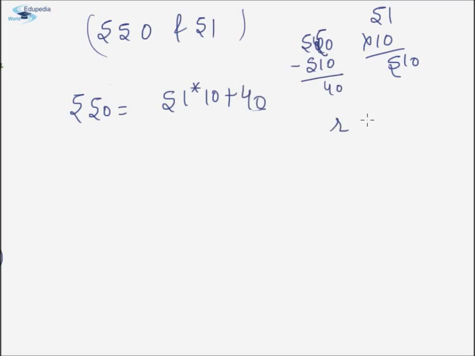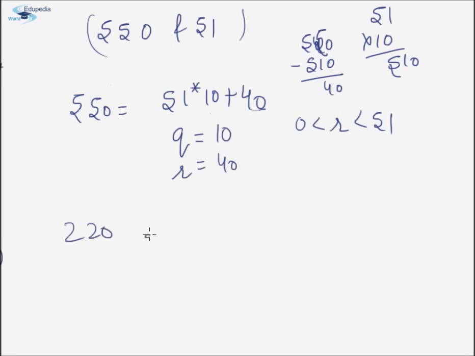Again, r is in between 0 and 51. So, according to Euclid's division lemma, the unique values of q and r are q as 10 and r as 40.